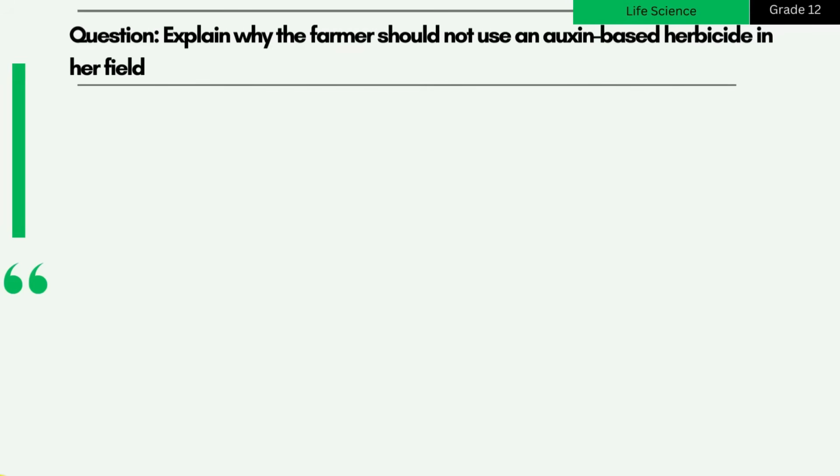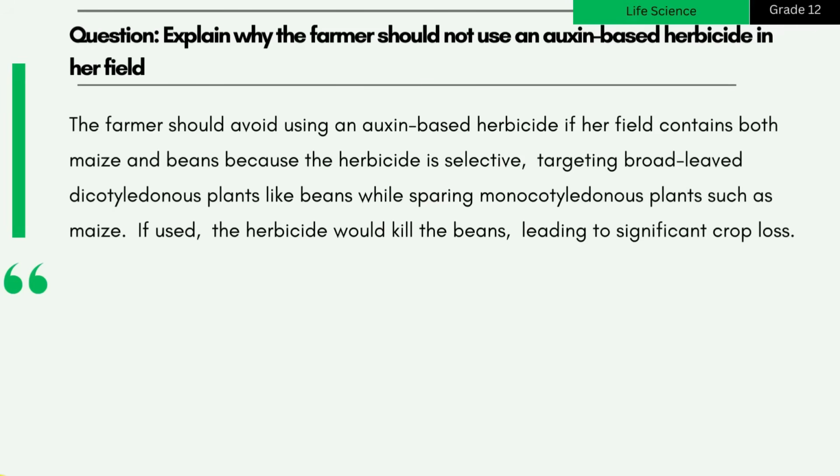Question: explain why the farmer should not use an auxin-based herbicide in her field. The farmer should avoid using an auxin-based herbicide if her field contains both maize and beans because the herbicide is selective, targeting broad-leaved dicotyledonous plants like beans while sparing monocotyledonous plants such as maize. If used, the herbicide would kill the beans, leading to significant crop loss.